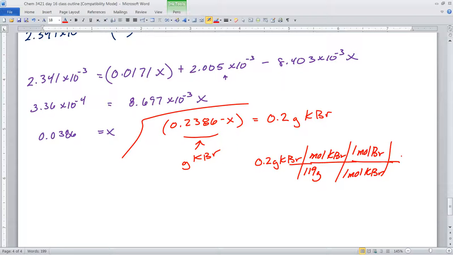And the molar mass of bromine is 79.9. A mole of bromine, 79.9 grams of bromine. So 0.2 divided by 119 times 79.9, you get about 0.134 grams of bromine.